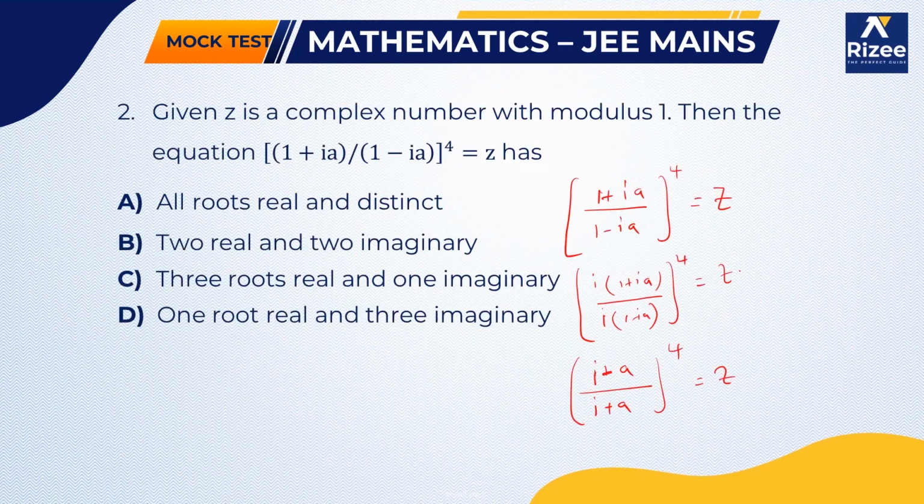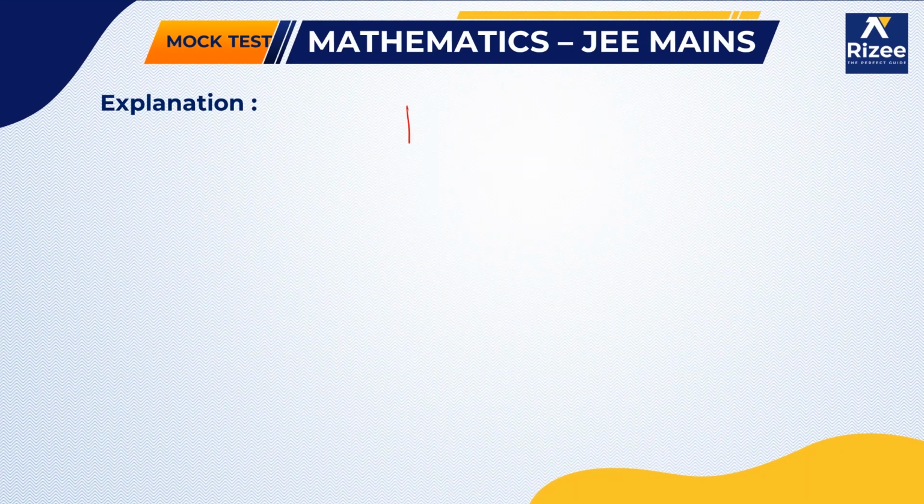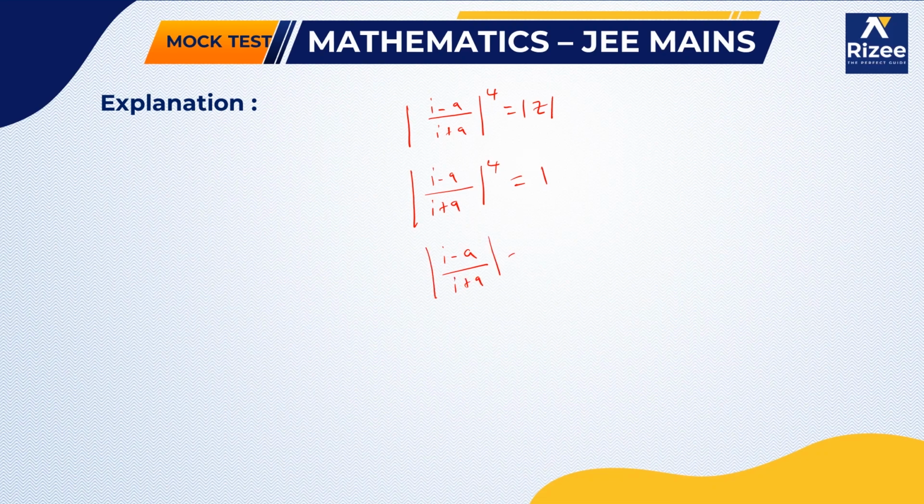What is it saying? The complex number z has modulus 1. I am applying modulus on both sides. So ((i minus a) by (i plus a)) whole power 4 is equal to modulus of z. What is the modulus of z value? 1. So modulus of (i minus a) by modulus of (i plus a) equals 1 power 4.